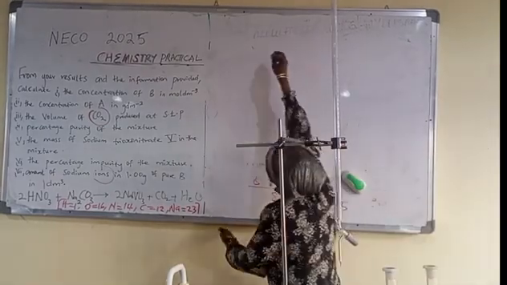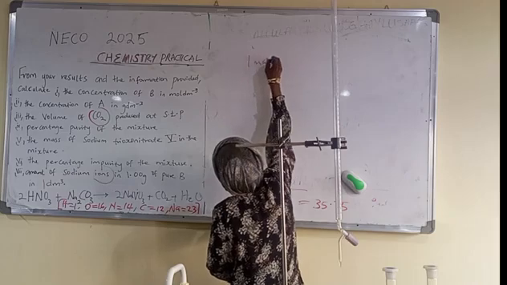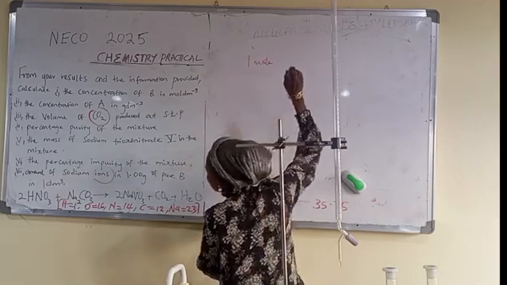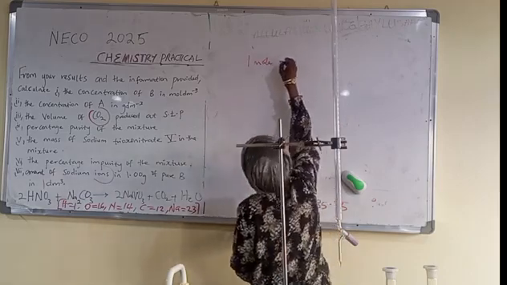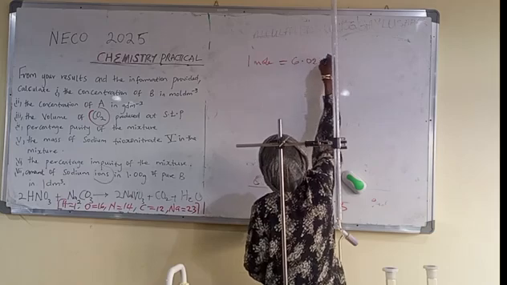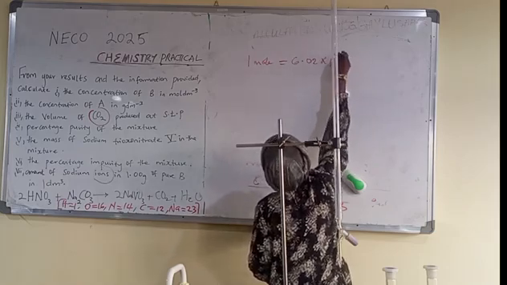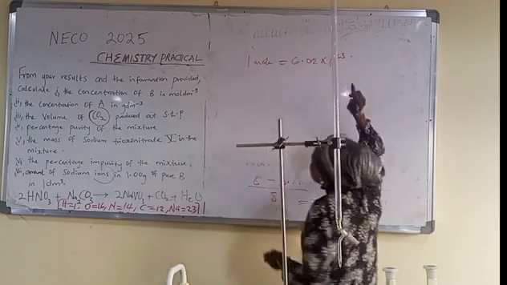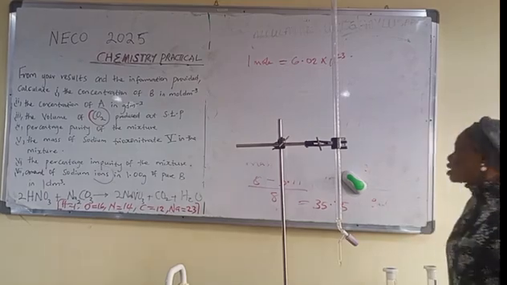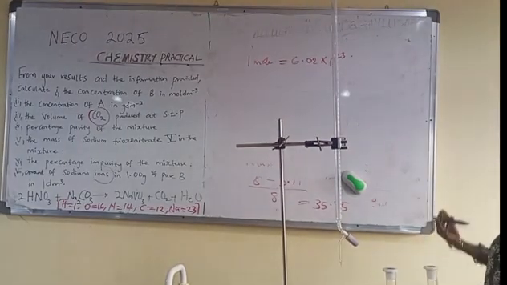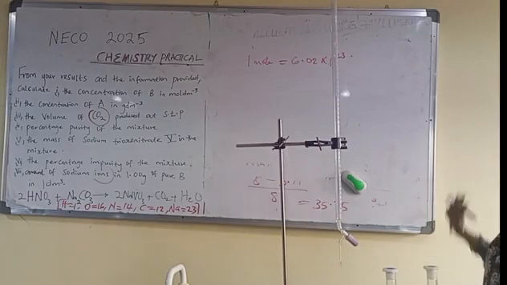So what you do is, 1 mole of any substance is always 6.02 times 10 raised to power 23. That is Avogadro's constant. 1 mole of any substance, whether ion, molecule, or atom, will always be 6.02 times 10 raised to power 23.